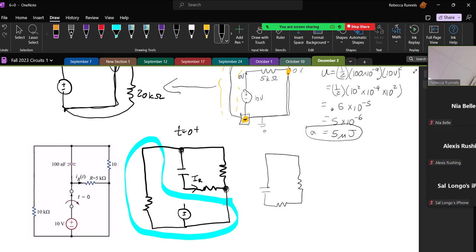It's in parallel with this side. Right there. So it's in parallel.